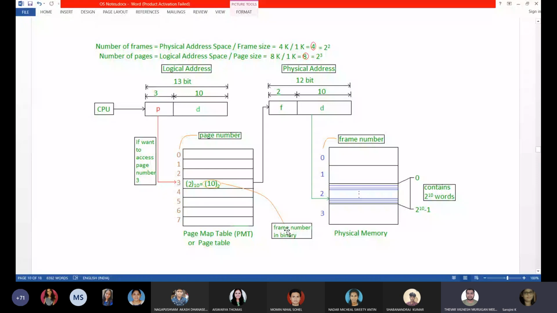That frame number will go here to form the frame number inside the physical address, and this bit will go to complete the second part of the physical address. In the diagram it is shown.